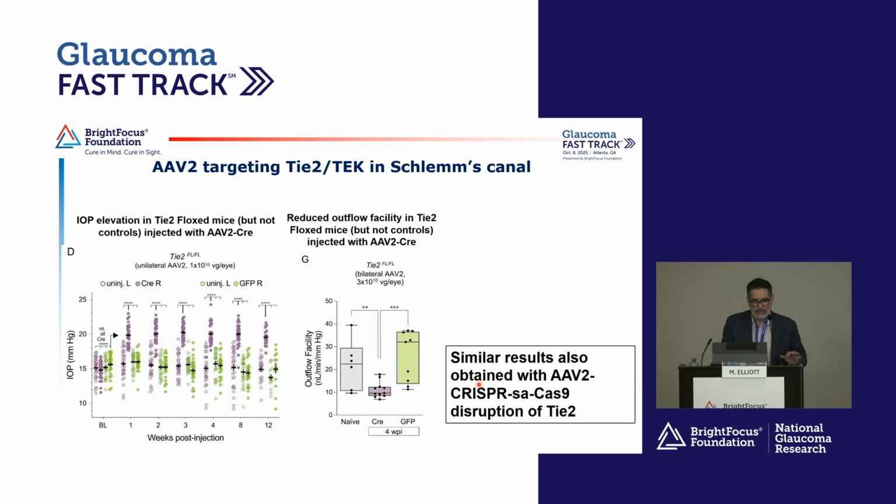When they inject that same virus in the Tie2 floxed mice, the mice in which the recombination results in tissue-specific deletion of Tie2, they see a sustained elevation in intraocular pressure, as well as a reduction in outflow facility.